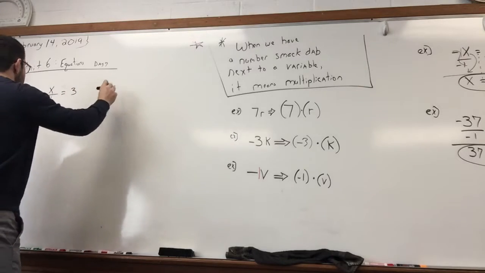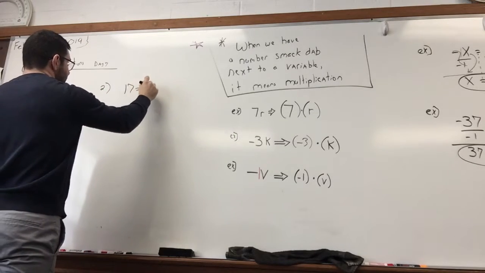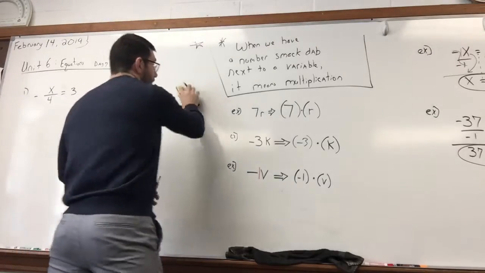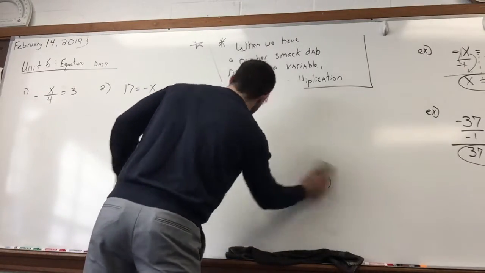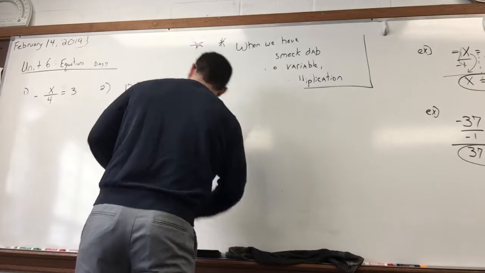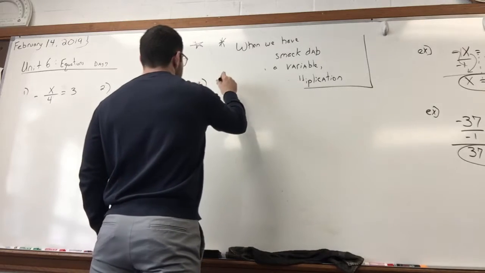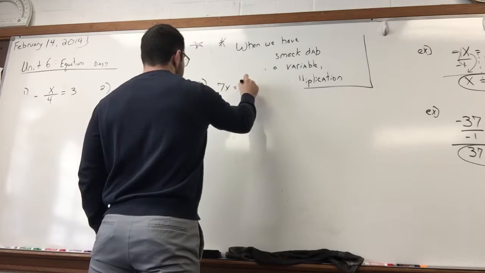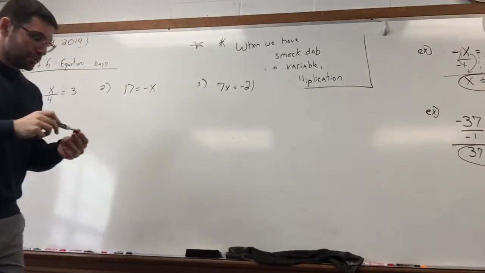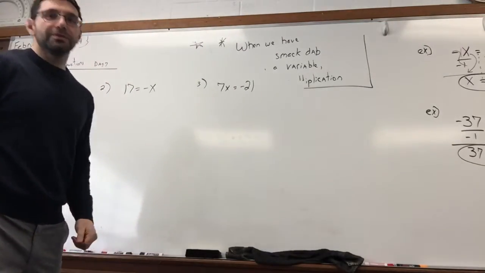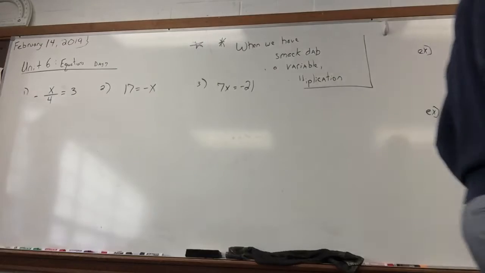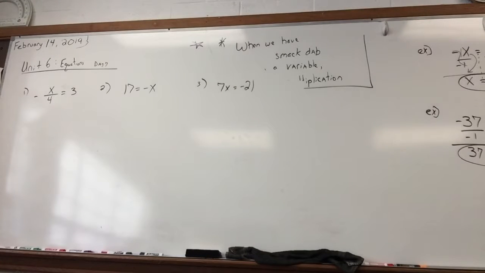Number 2 is going to be 17 equals negative x. And number 3 is going to be 7x equals negative 21. So show your work, solve those 3. Once you've got them, raise your hand.